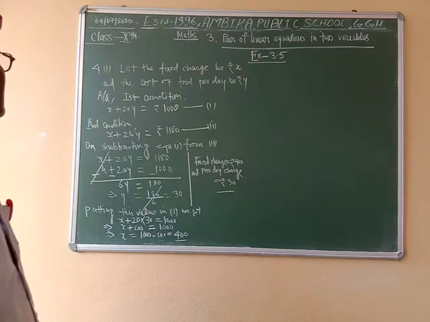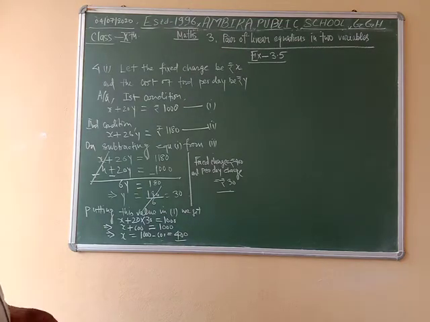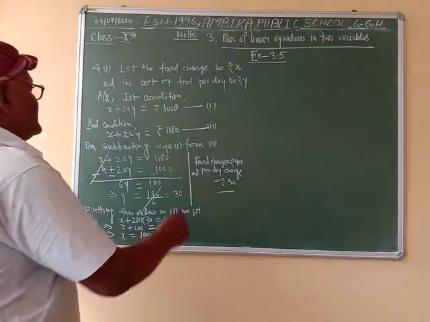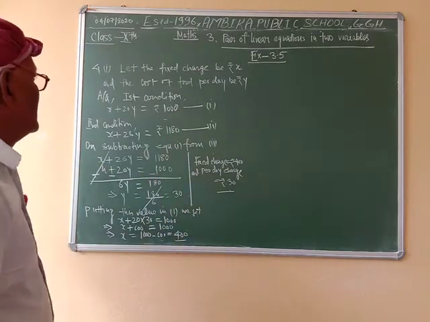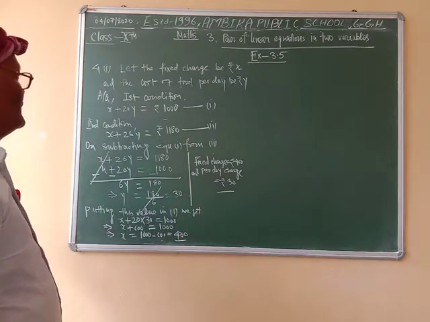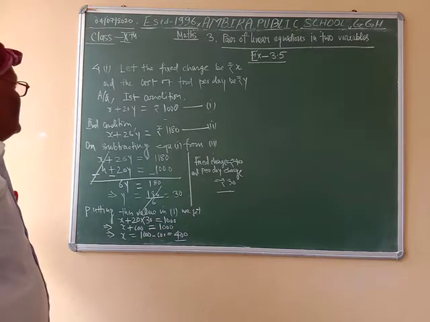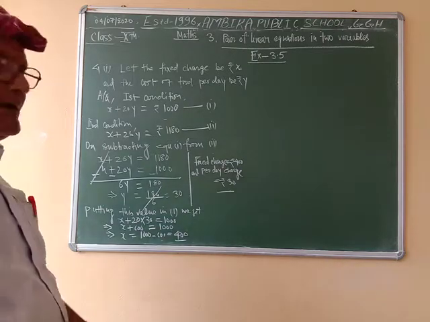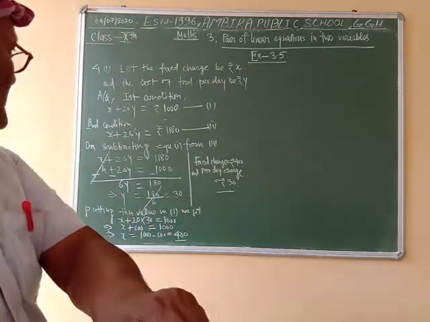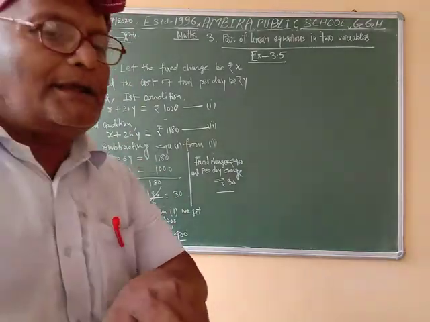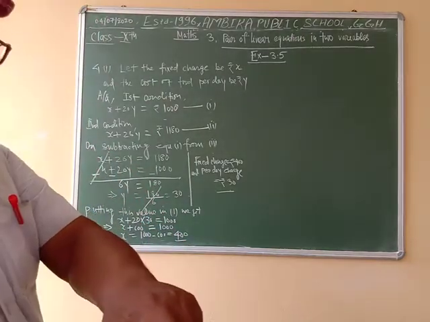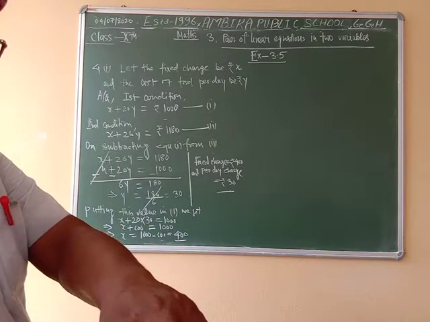In question number 4, let us suppose that the fixed charge be rupees x and the cost of food per day is equal to rupees y. According to the first condition, x plus 20y is equal to 1000 rupees, and x plus 26y is equal to 1180 rupees.